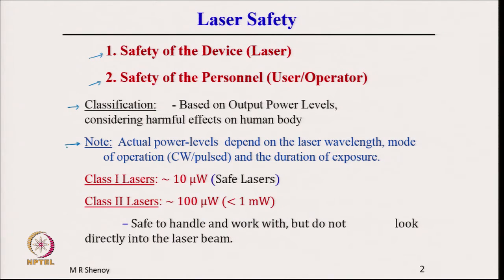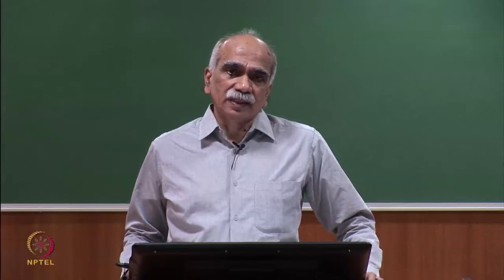However, right at the beginning we must note that I have specified a certain range of power levels, but the actual power levels depend on the laser wavelength, the mode of operation, that is whether it is CW or pulsed mode, and the duration of exposure.